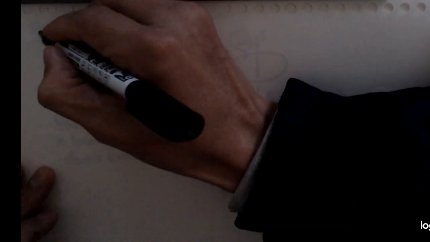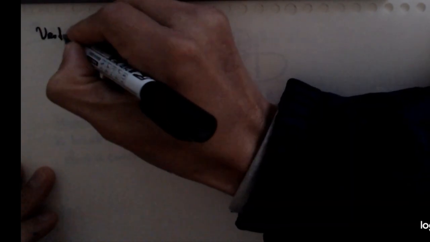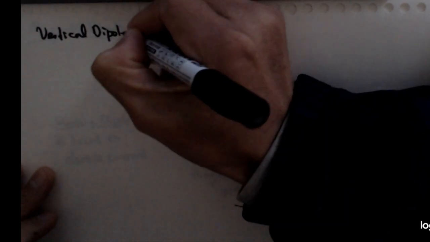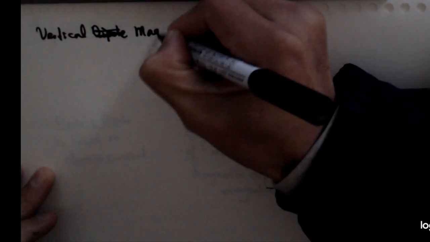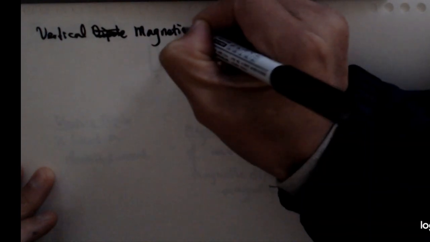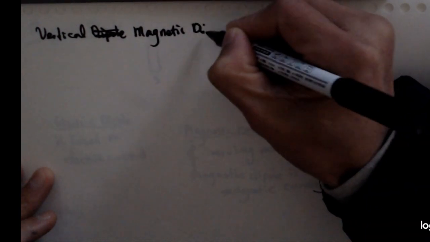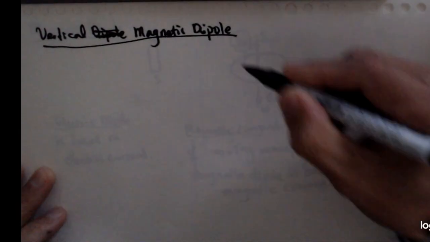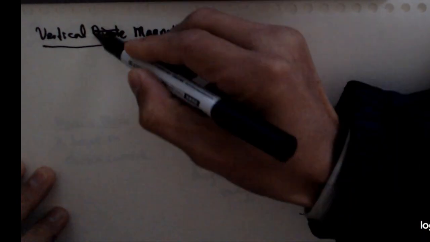So let's say we have a vertical dipole first. Vertical magnetic dipole. So let's say we have this so-called vertical magnetic dipole.